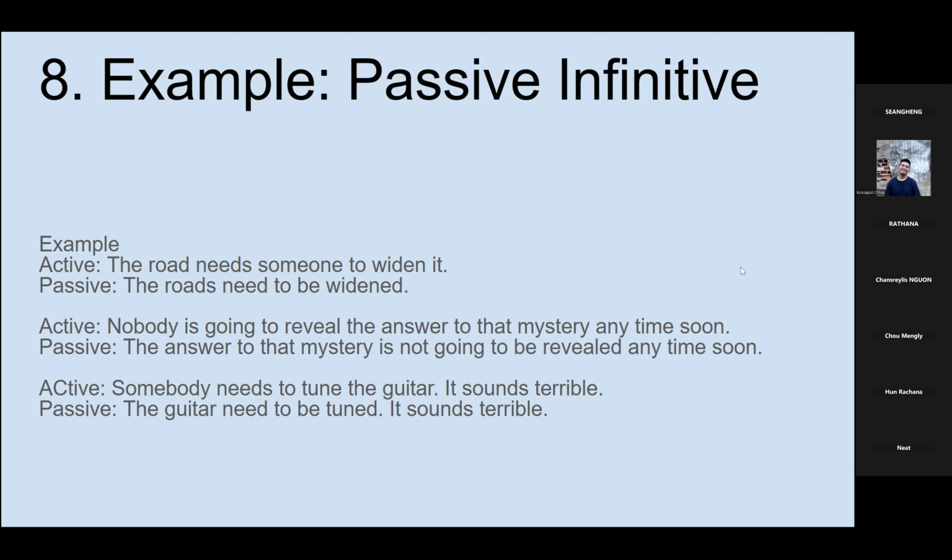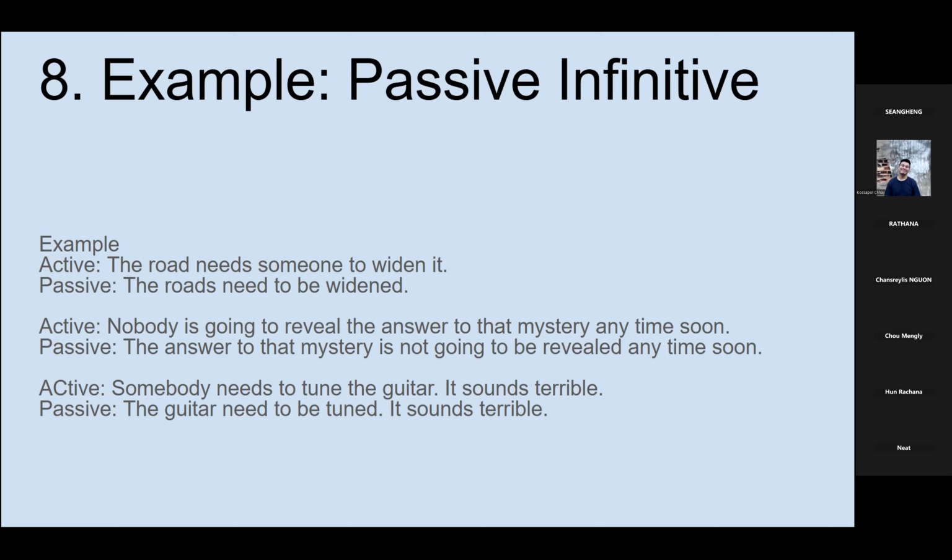For the example of the infinitive, the first example, active: the road needs someone to do it. We find the object, and in this part, with the infinitive, when the subject or object is not clear, we work with the passive infinitive also. Someone is the object that is not clear.